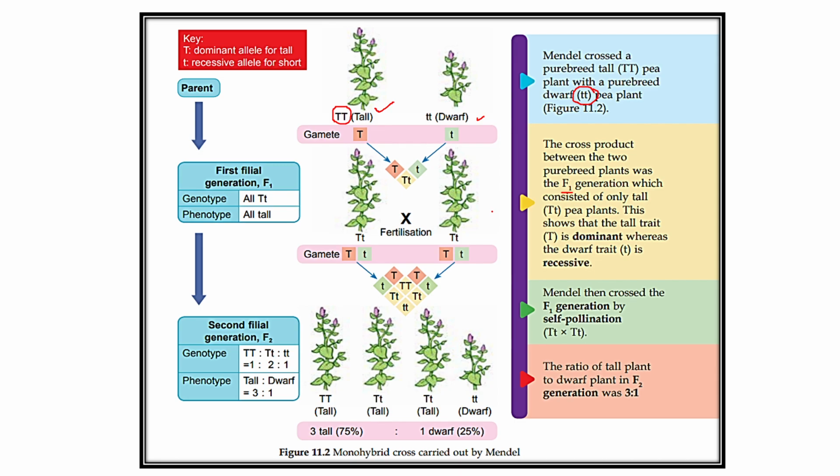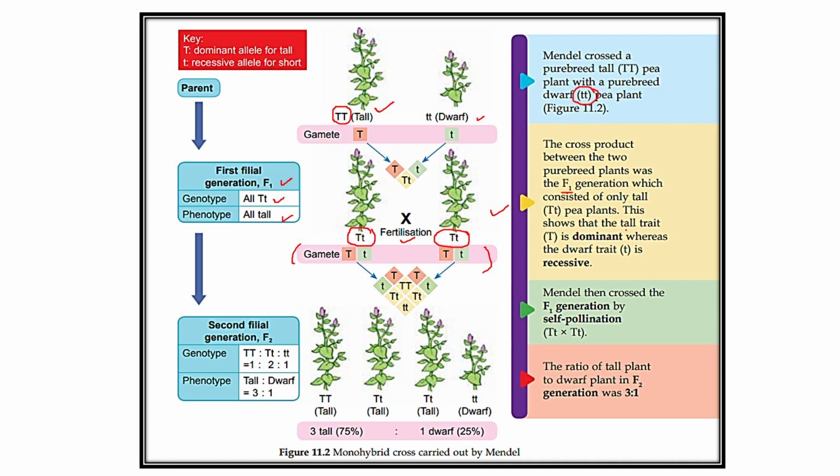This is the F1 generation, first filial generation, with the genotype of small t and capital T after fertilization, and their phenotype is that all the offspring are tall.